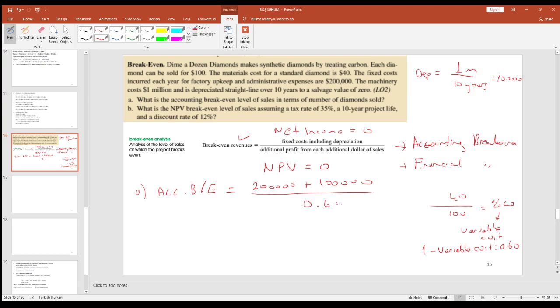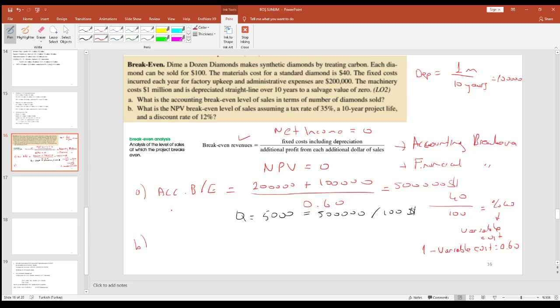The result of this will be $500,000, which means in order to break even, we need 5,000 diamonds. This is equal to 500,000 divided by $100.